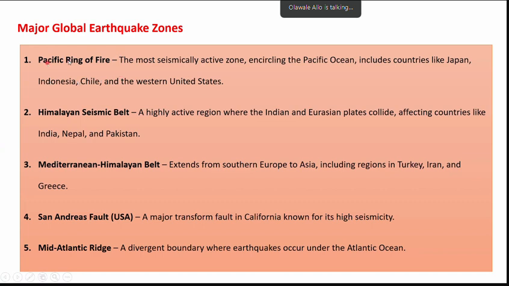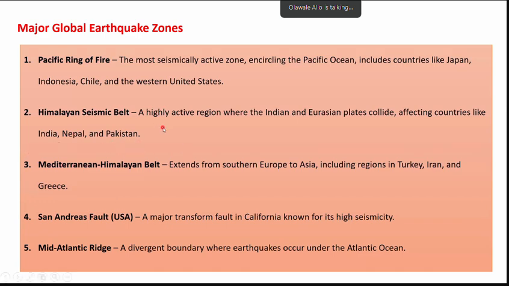I spoke about the Pacific Ring of Fire, the most seismically active zone, exactly this Pacific Ocean, including countries like Japan, Indonesia, Chile, and the Western United States. We have the Himalaya seismic belt, a highly active region as well, where the Indian and Eurasian plates collide, affecting countries like India, Nepal, and Pakistan.